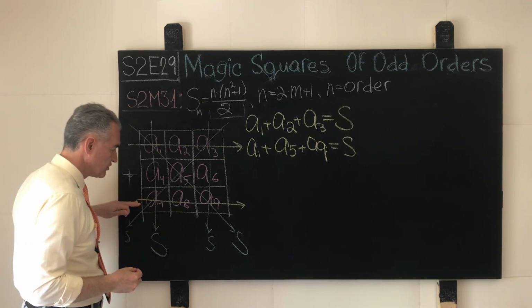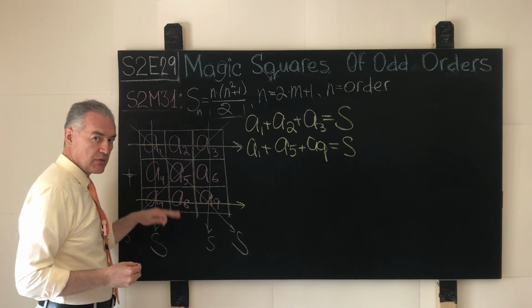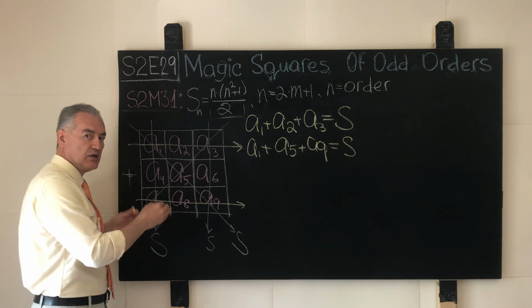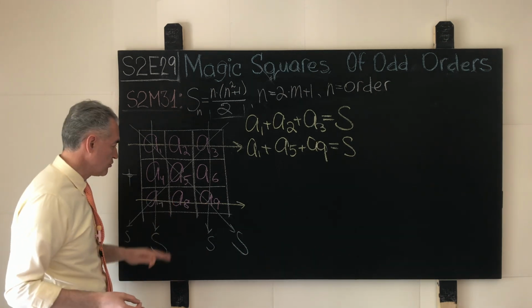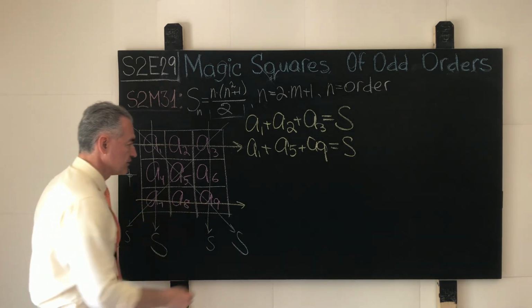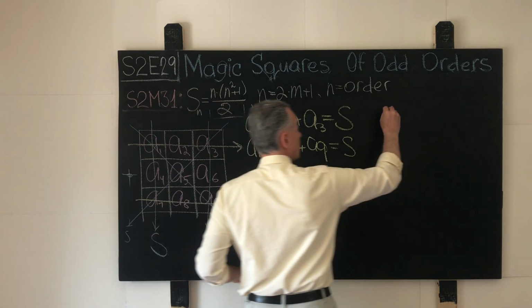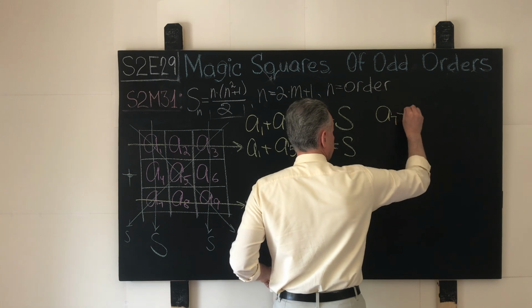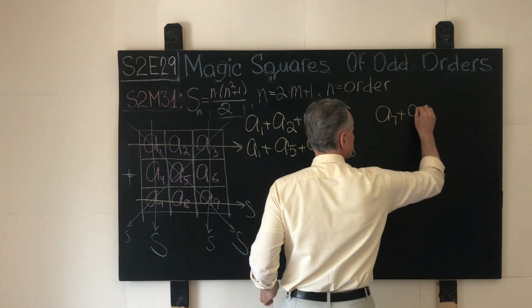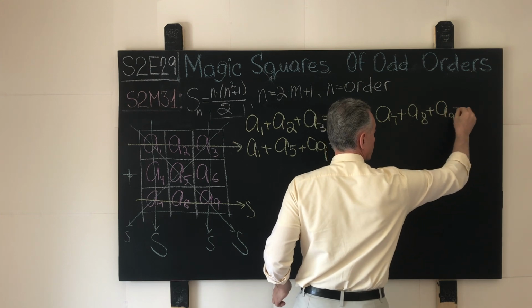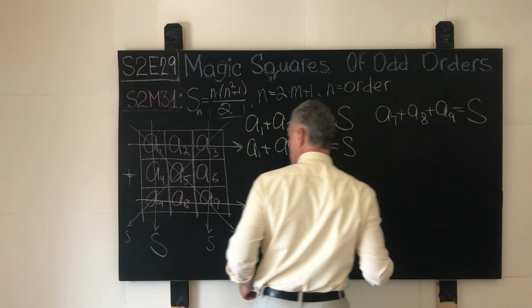If we sum all the numbers in the bottom row, we must have, by definition of a magic square, one and the same number S. So here it will be S and here it's S. So what do we have? a7 plus a8 plus a9 will be the constant of our square.